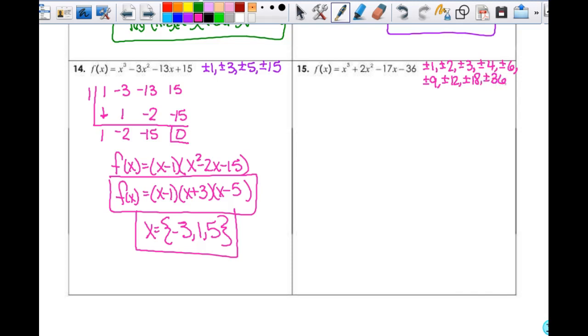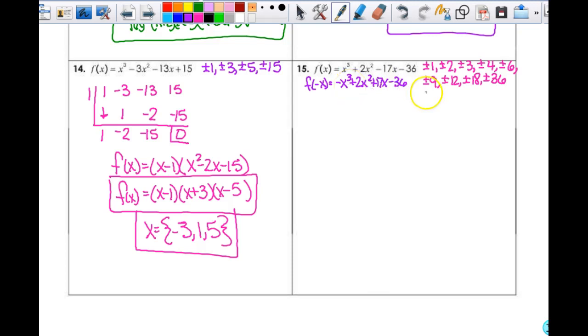Okay, if I use Descartes' rule of signs, let's see, my f of negative x would be negative x cubed plus 2x squared plus 17x minus 36.